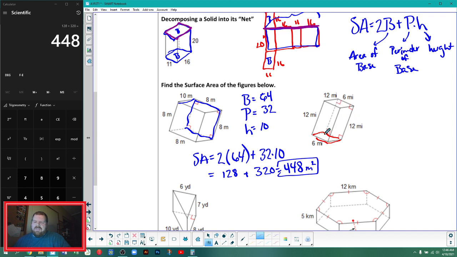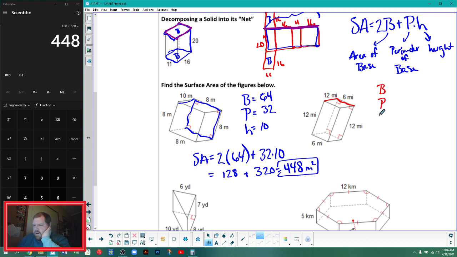But if I look at this as the base, it is 12 miles by 6 miles. Just the way that it's angled makes it look more like a square on the top. But it's actually a pretty big, pretty skewed rectangle, right? It's got one side that's 6, the other side that's 12.